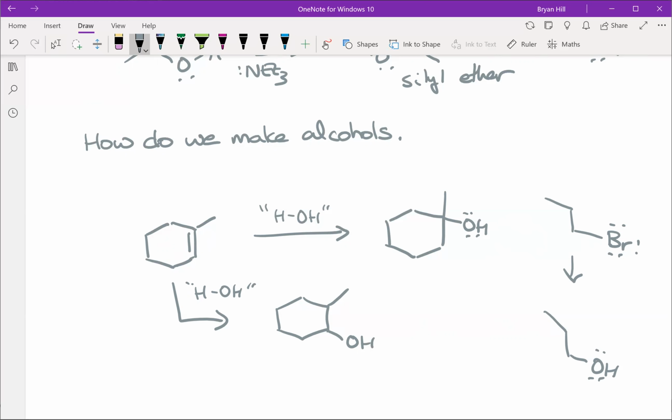So you can make alcohols from alkenes with addition reactions. The reagents here weren't necessarily water specifically. This would have been the oxymercuration reaction, and this one would have been the hydroboration.